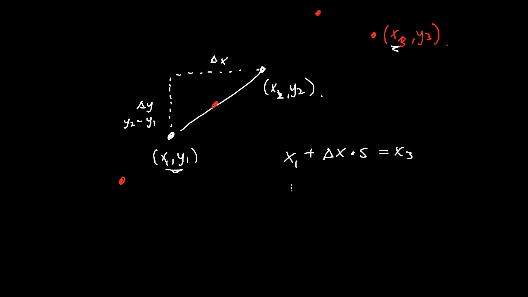So similarly, if this is on the same line, then y1 plus our change in y times the same amount of steps is going to get us to y3. So for example here, maybe we took 2 steps to get to here. Here maybe we took half a step, and then here maybe we took a step backwards to get to this position.